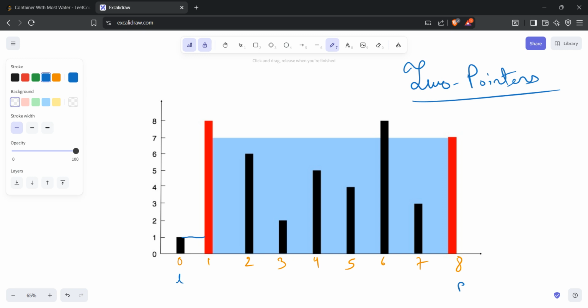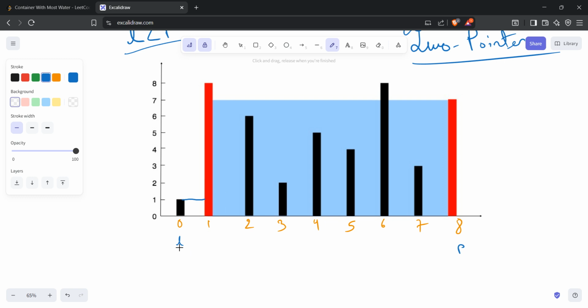Now we will find the area of all these lines up to the condition when L is less than R. Why? Because if L becomes equal to R, suppose L and R come on the same point, we cannot find the area of one single point. Therefore, we need at least 2 points, and to make that happen, we need the condition L less than R.